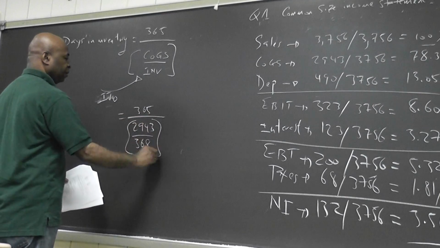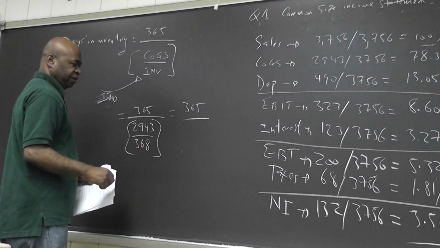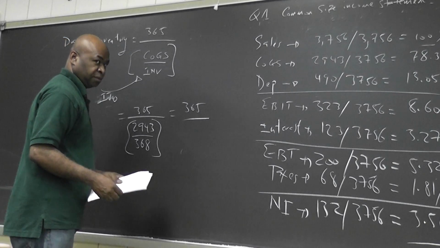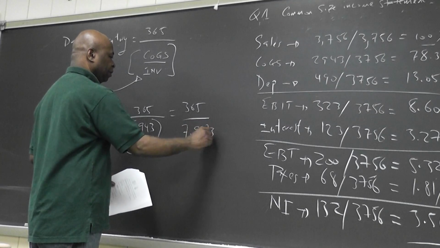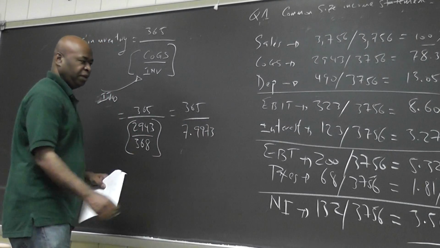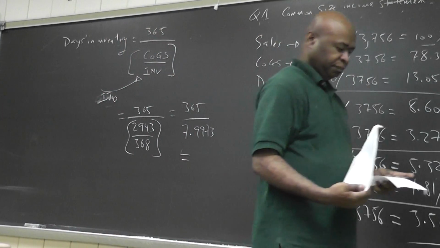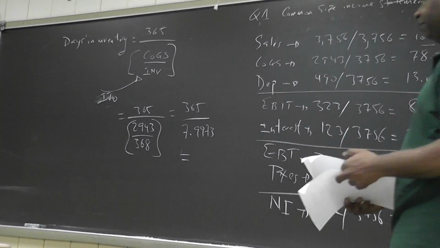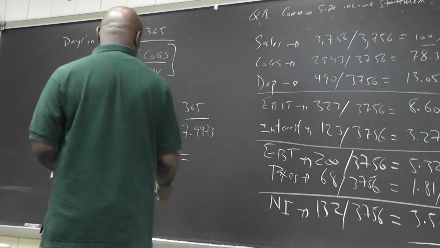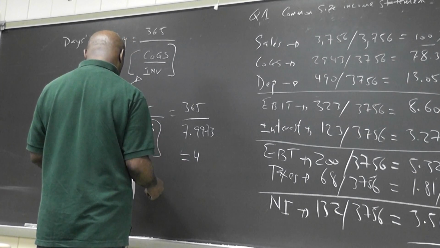And then we get 365 divided by 7.9973, and the whole thing gives you 45.64.